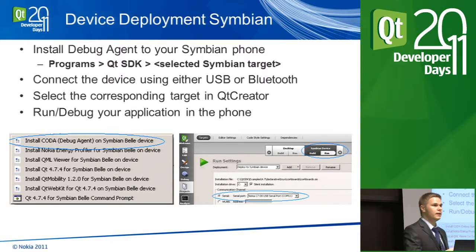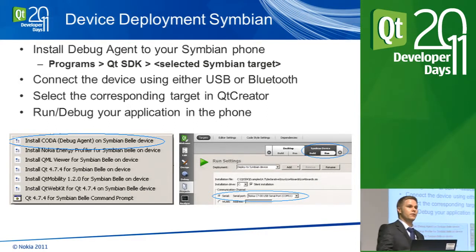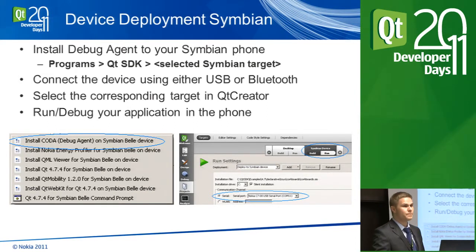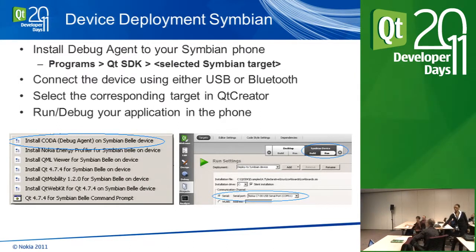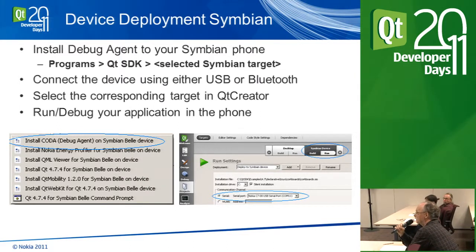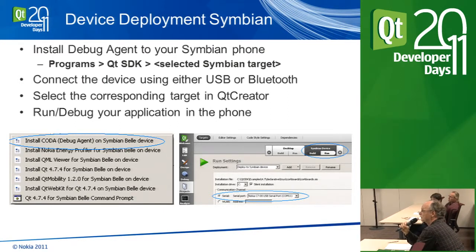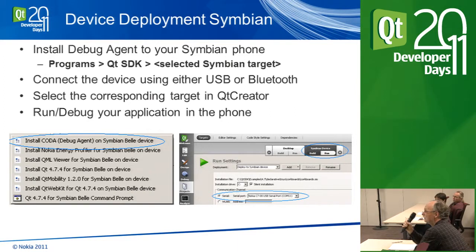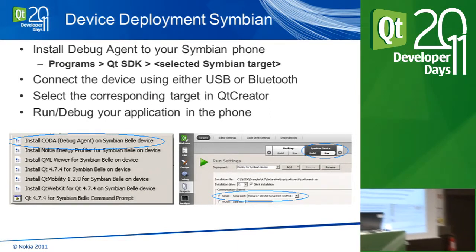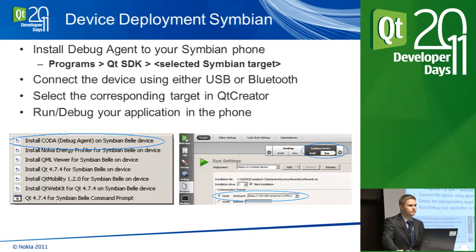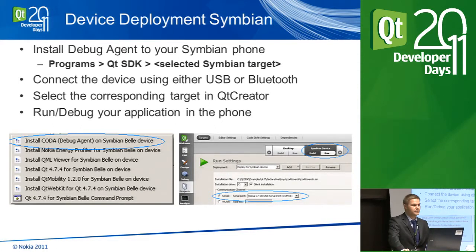Do you have a question? Can we have the microphone, please? As far as I have experienced, this works nicely on Windows, but I don't think it works on Linux, does it? You mean the installation of the CODA and all that stuff? No, I don't think it's quite that easy on Linux.